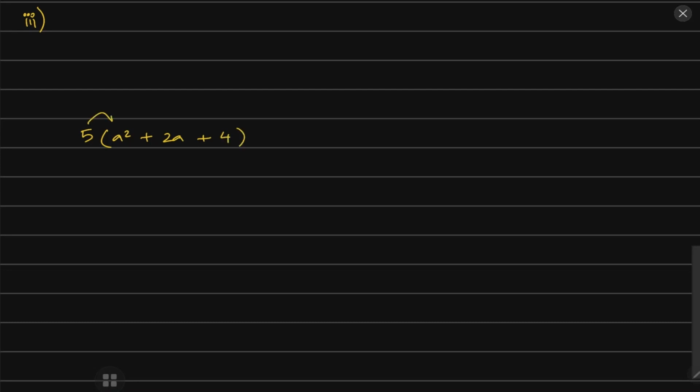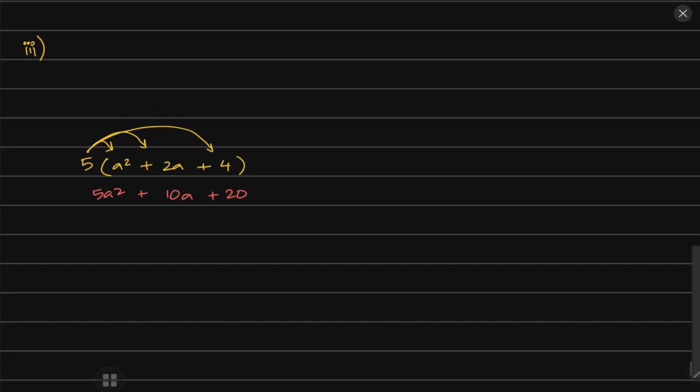I'll have to multiply 5 with every single term within the bracket. So I end up with 5a squared plus 10a plus 20. That's the third rule that you'll have.